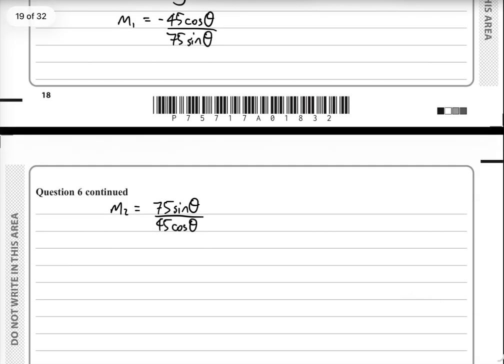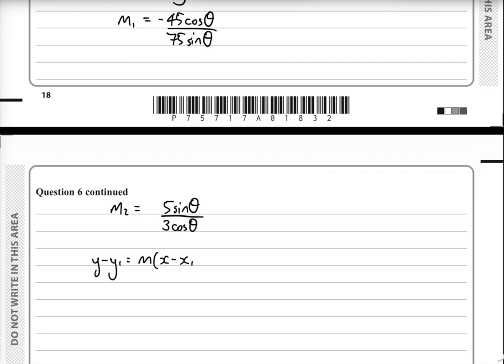For the gradient of the normal, we flip that upside down and make it negative, or in this case positive, because it's already negative. Oh, why have I still got those big numbers? That takes it back to a 5 and a 3. There we go.